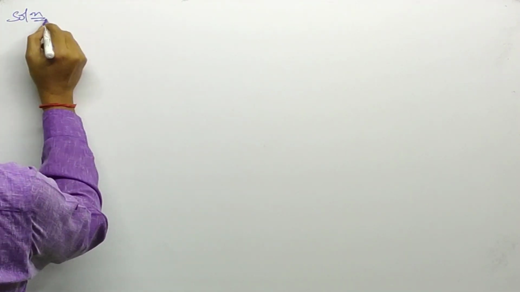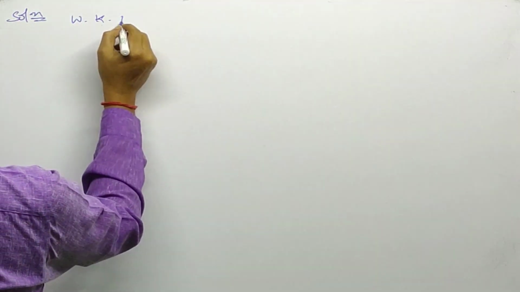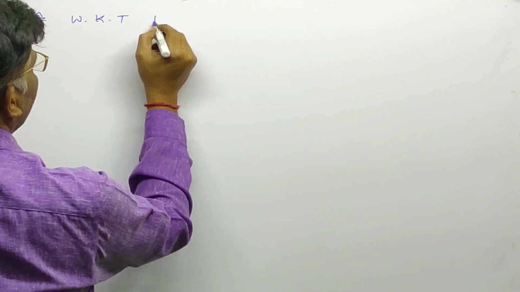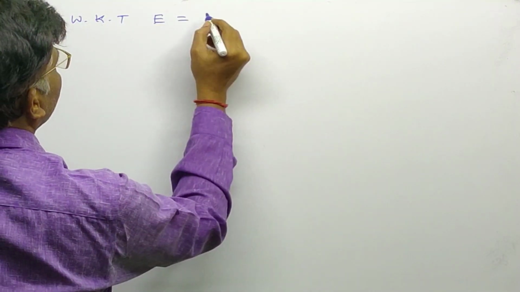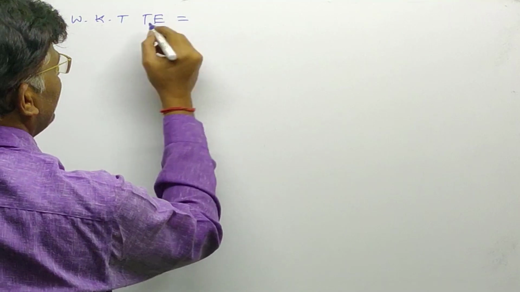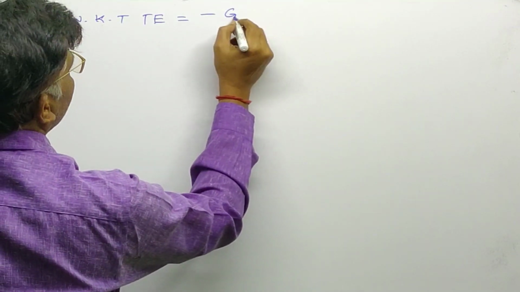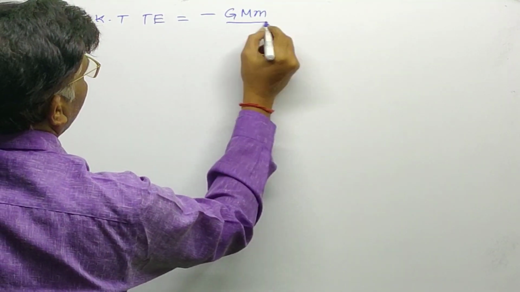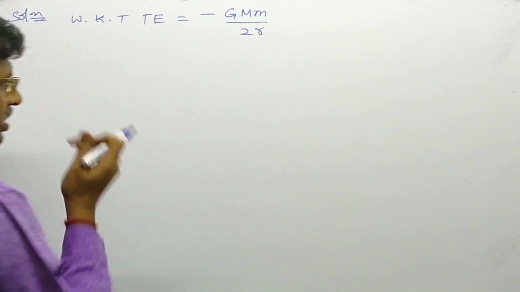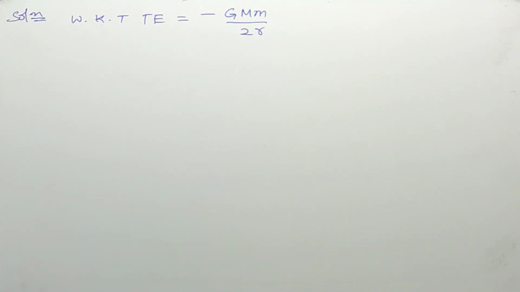Solution. We know that the total energy of a satellite in any orbit is equal to minus GMm divided by 2r, where r is the radius of the orbit.